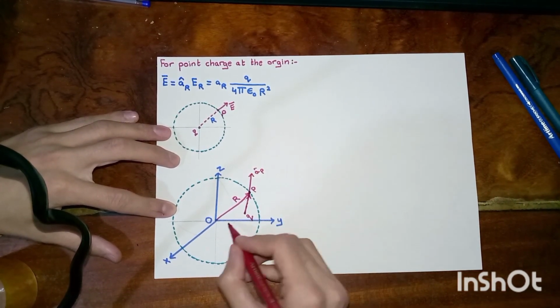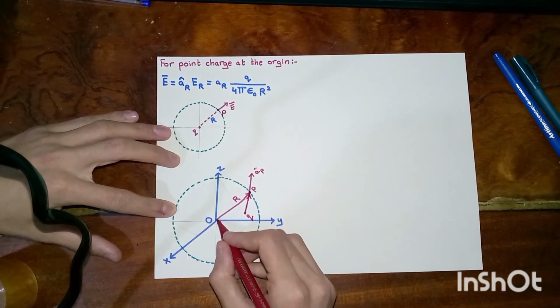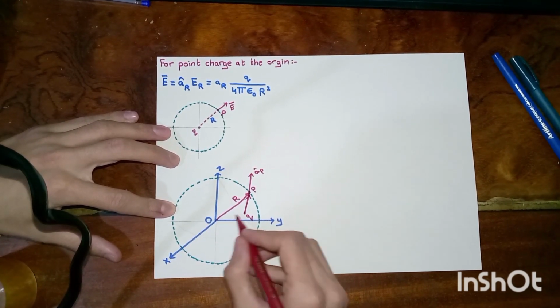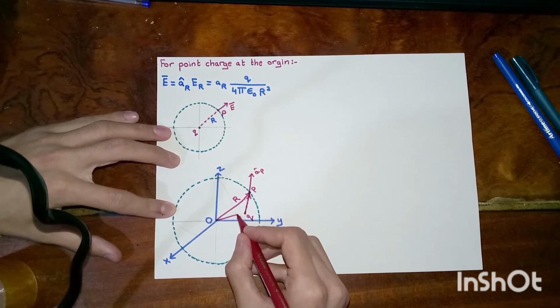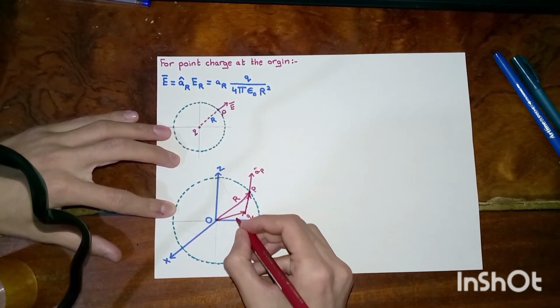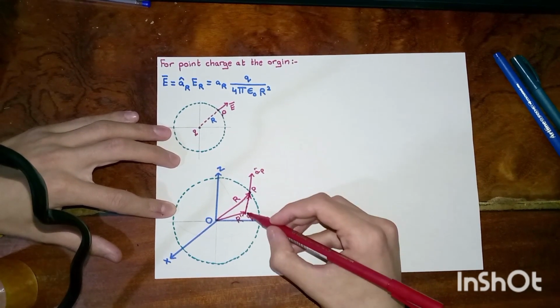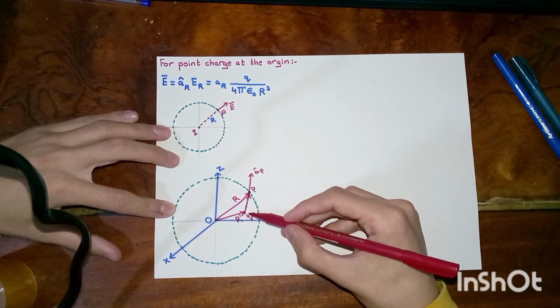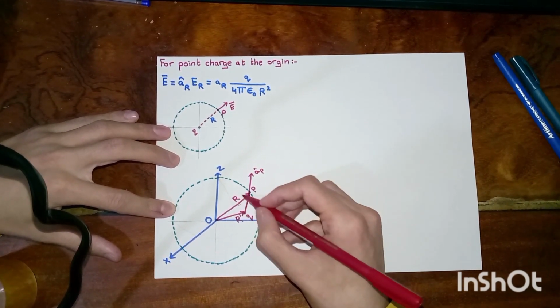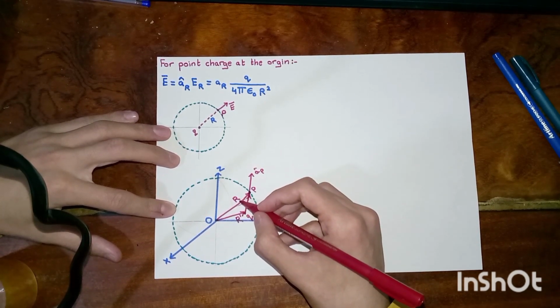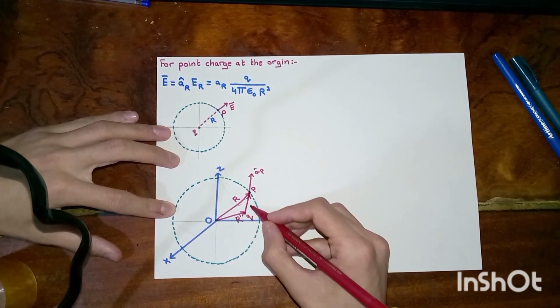Let's say that the position vector of the charge Q is represented by this vector, r primed. So what is the distance between Q and P? As we see, this vector r is the summation of this vector and this vector.